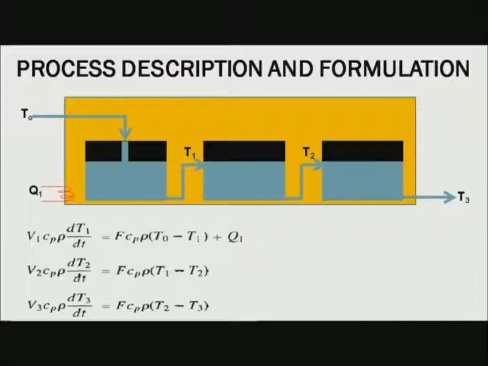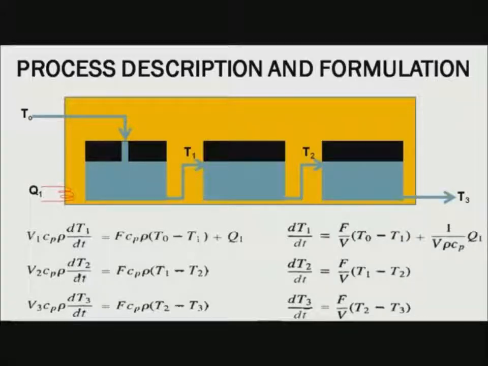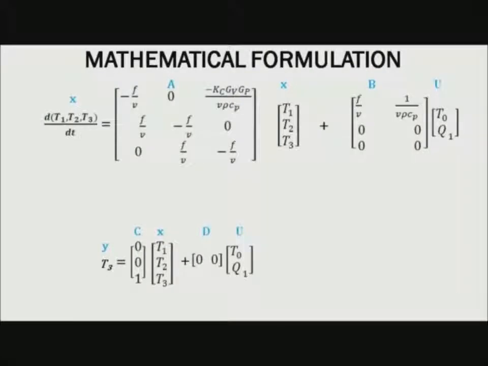these three equations, that is the linear ODEs, can be converted into perturbation variables by inspection. By simple mathematical manipulations, the equations can be put into the following state space representation, where x is the vector of the three temperatures T1, T2 and T3, u is the vector of the two inputs T0 and Q1, y is the vector of the measured variable T3, and A, B, C, D are matrices of constants.